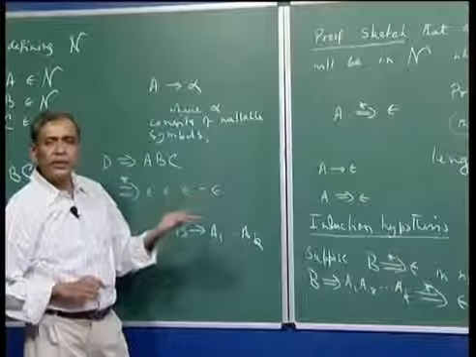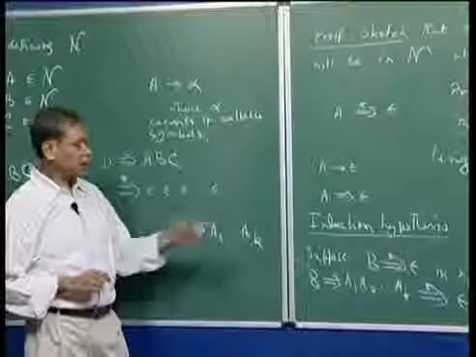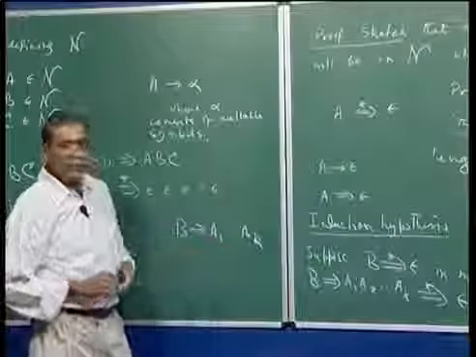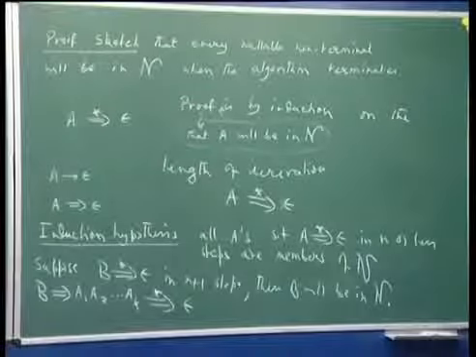So, B also will get into the set of nullable non-terminals, which is what we wanted to prove.